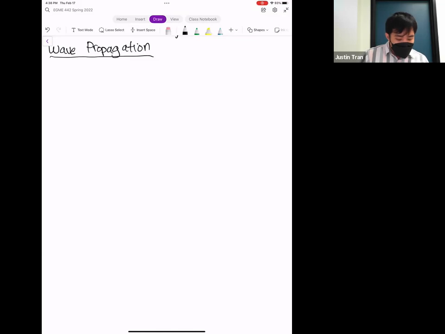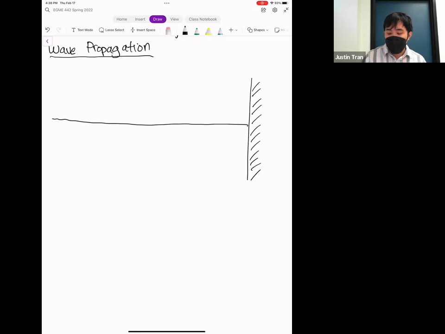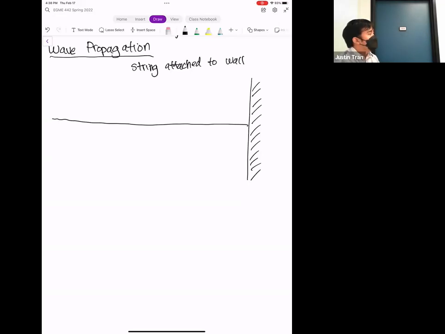Okay, and so to start with, I'm going to draw an analogy here. Let's think of a string. Okay. And so let's say that this string is attached to a wall. One example that you can think of for this is a guitar string.